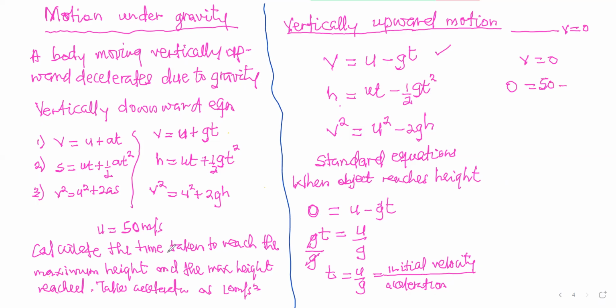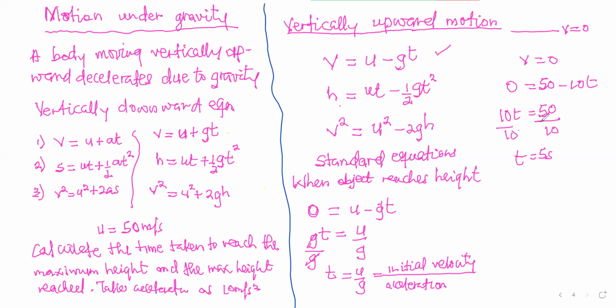Minus g is 10, so 10t. I'm looking for t. So when negative 10t crosses, I have 10t is equal to 50. Dividing through by 10, I have t equal to 5 seconds.